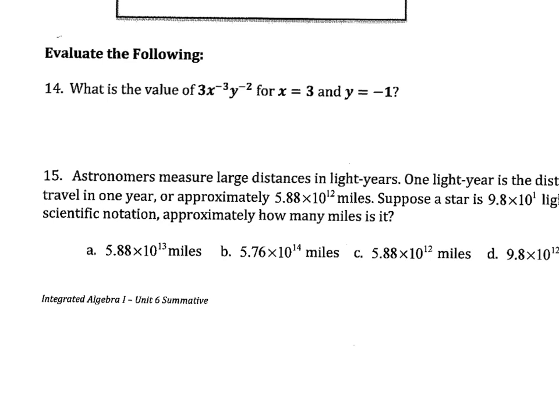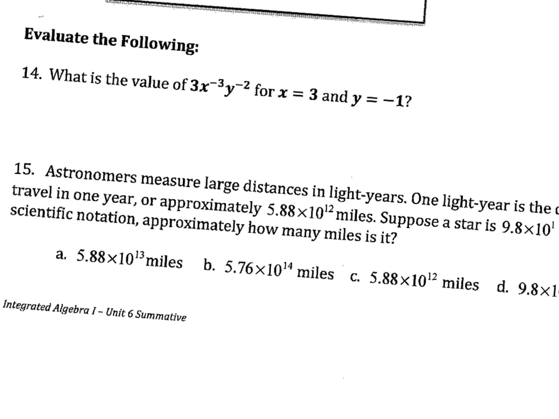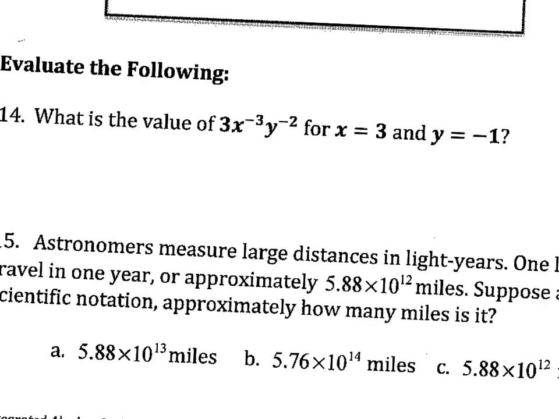No offense. What I like to do first is flip negative exponents. So x to the negative third we know is going to flip. y to the negative 2 we know is going to flip. So really the 3 stayed put. The x to the third is now in the bottom, and y squared is now in the bottom.